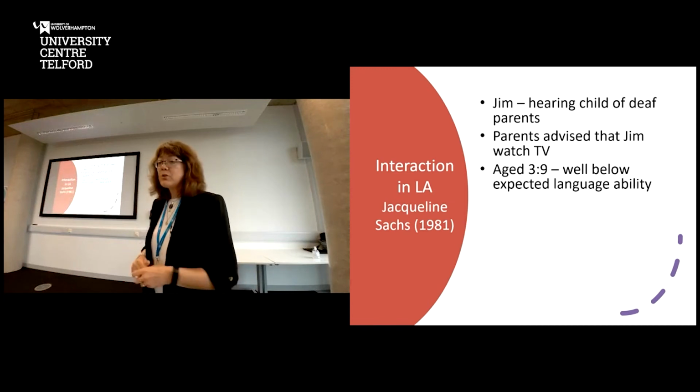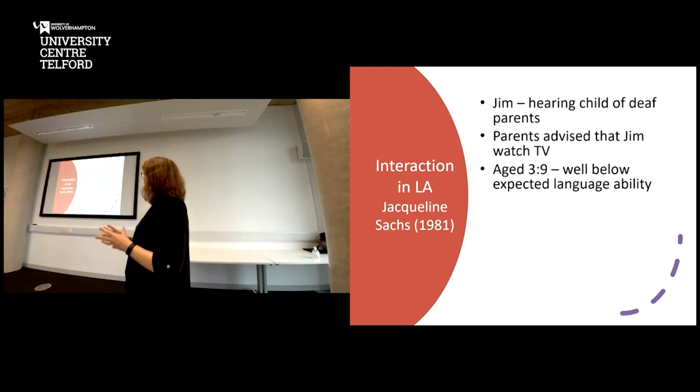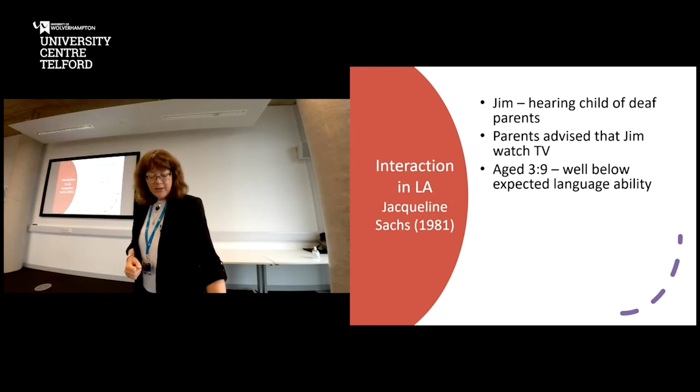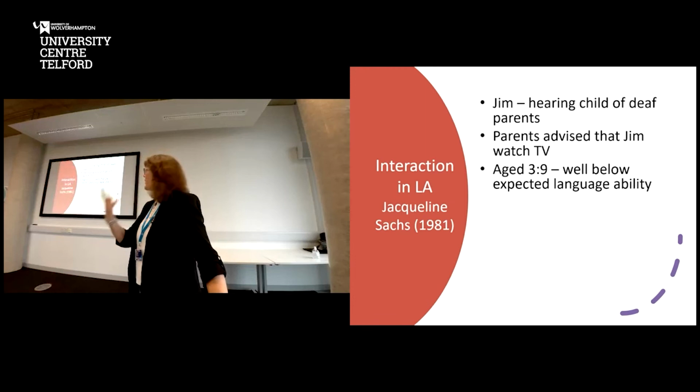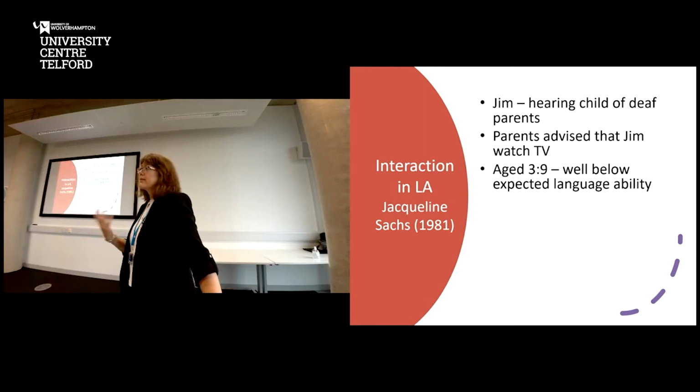this obviously wasn't working, because at the age of 3 years and 9 months, he was well below the expected language ability for a child of his age. And so they put some intervention in place. I think he had a few sessions with a speech and language therapist.